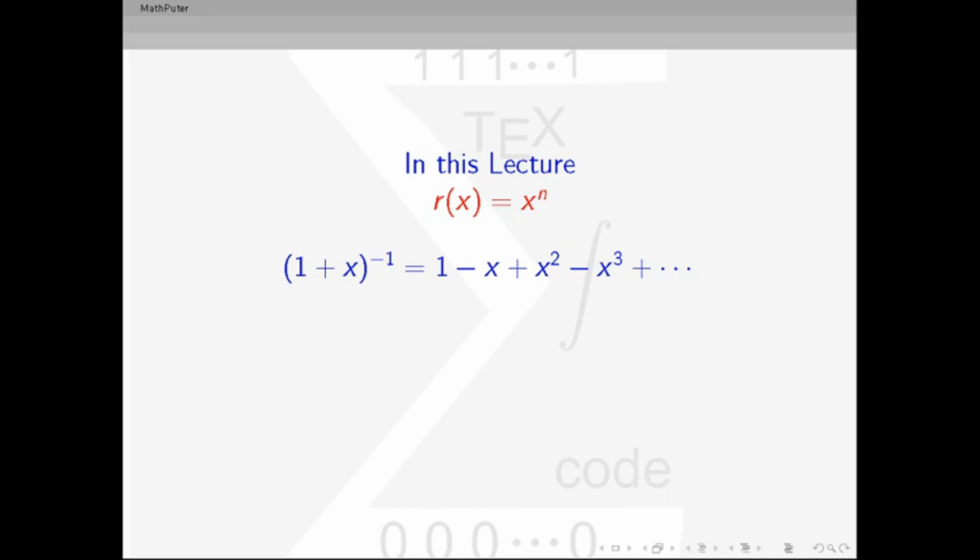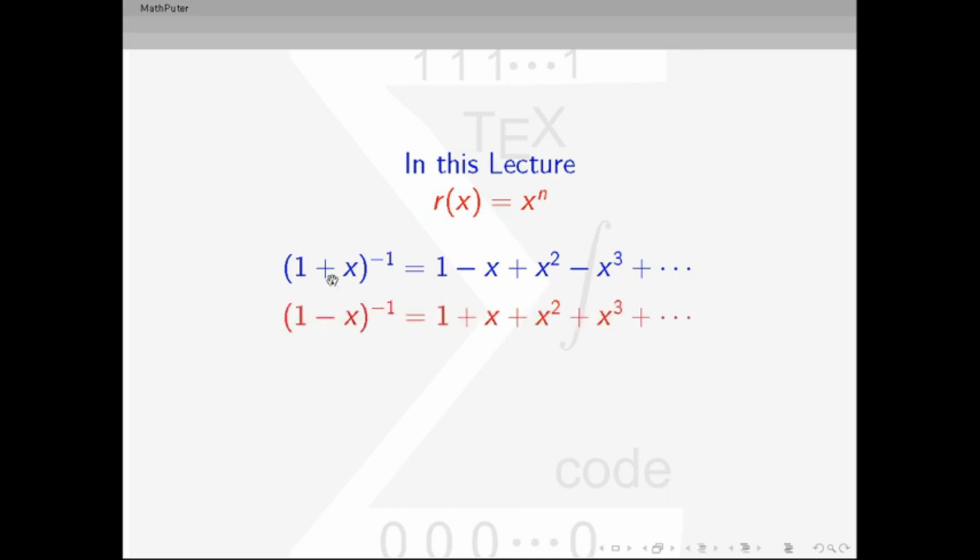I need a few formulas from you. The first one is (1 plus x) raised to minus 1 is equal to 1 minus x plus x square minus x cube and so on. You know that this is the Maclaurin series of 1 upon 1 plus x when the absolute value of x is strictly less than 1.